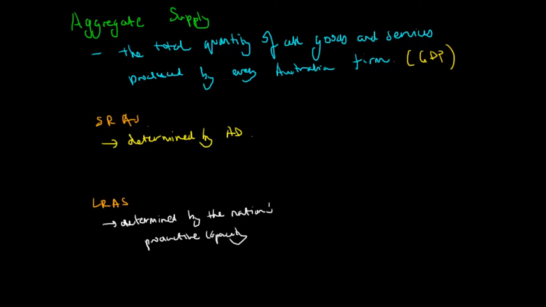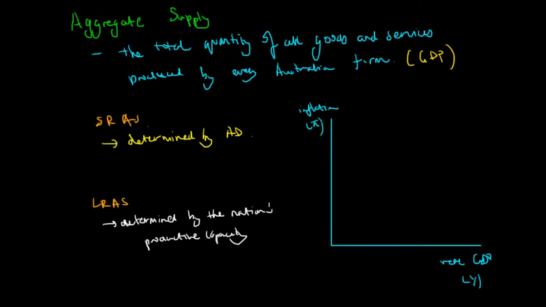So let's look at what the graph of an aggregate supply curve looks like. Like aggregate demand, we're going to map GDP, or real GDP, or income, Y, to inflation, denoted by pi.